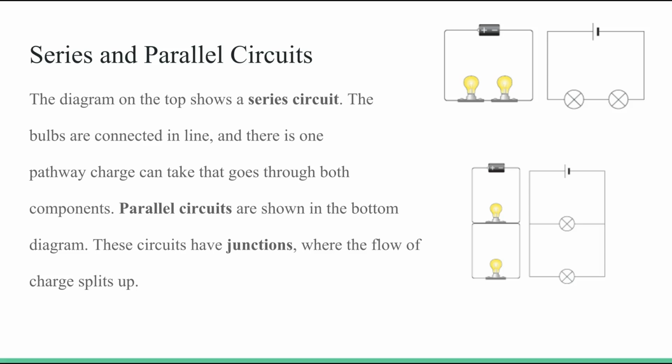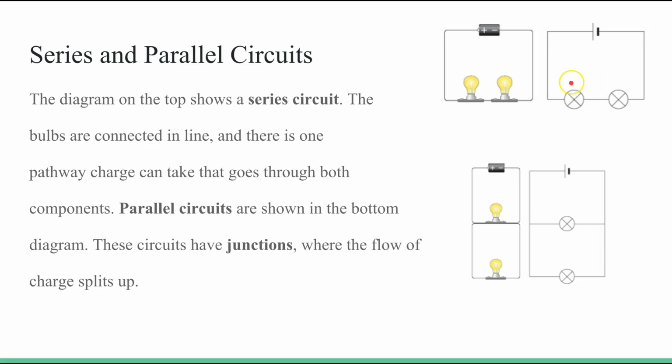The diagram at the top shows a series circuit. The bulbs are connected in line, and there's one pathway charge can take through both components. You can see how the actual circuit will look, and you see this thing, which is a circuit diagram. Light bulbs are usually represented by this, although you could have a little zigzag surrounded by a circle.